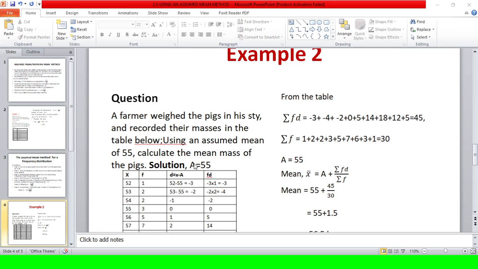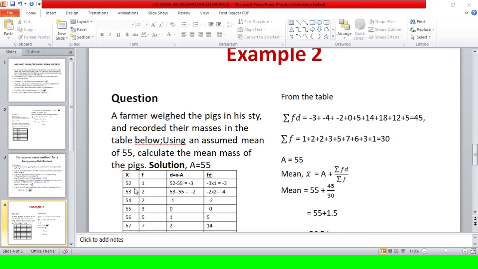So we require a column for X values, and the frequency is there. We require a column for deviations, D equals X minus A. We require another column for FD, the product of frequency and deviations.